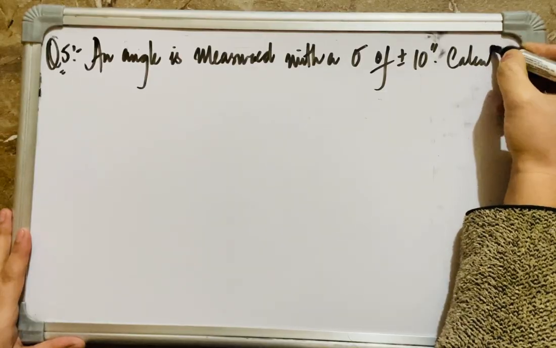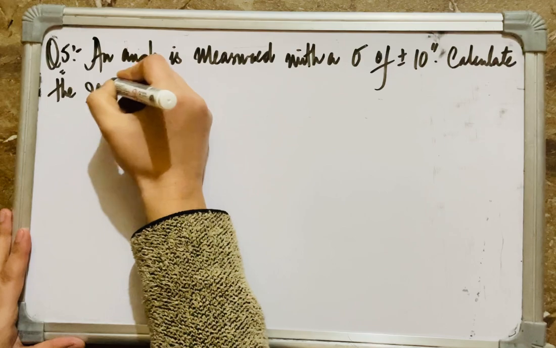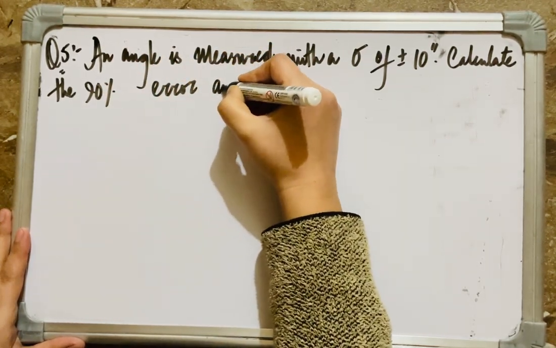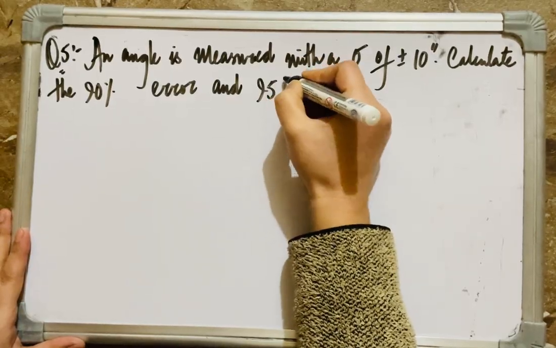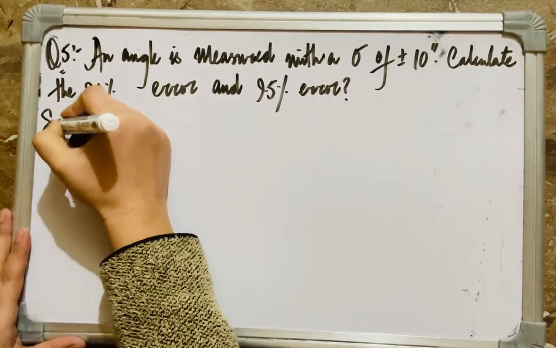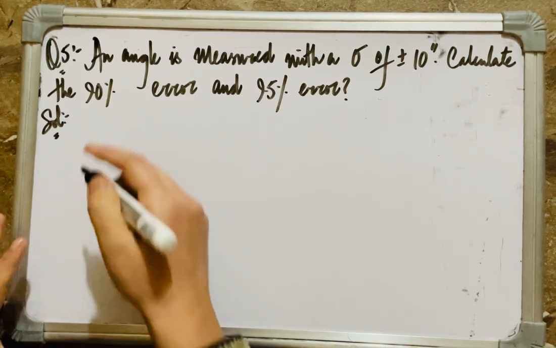Calculate the 90% error and the 95% error. So the question says an angle is measured with a standard deviation of plus minus 10 seconds. Calculate the 90% error and the 95% error.